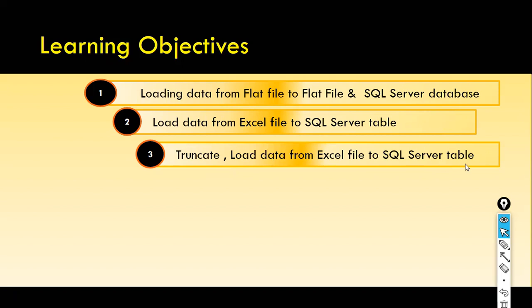Let's say your table already has data, but before you load the new data into your target SQL Server table, you want to delete the data first from the target table and then load the data from your Excel file. It's something like you want to load fresh data, so this table should have fresh data at any given point in time.